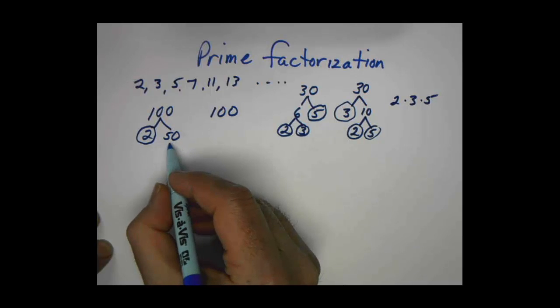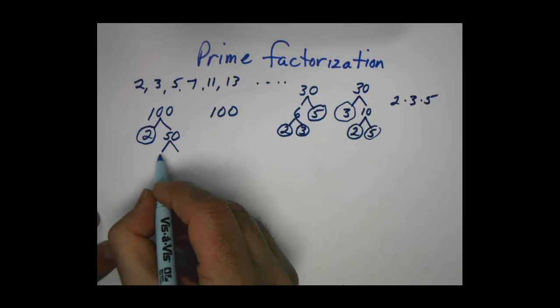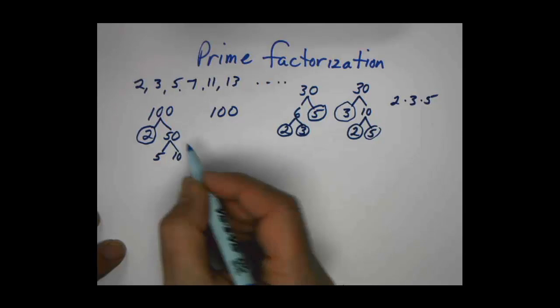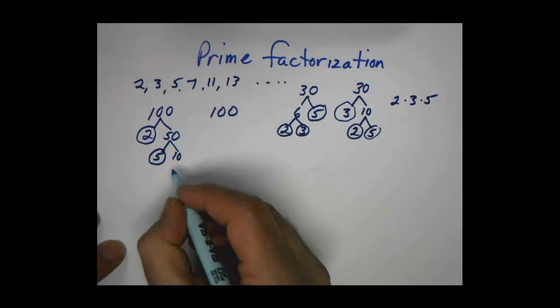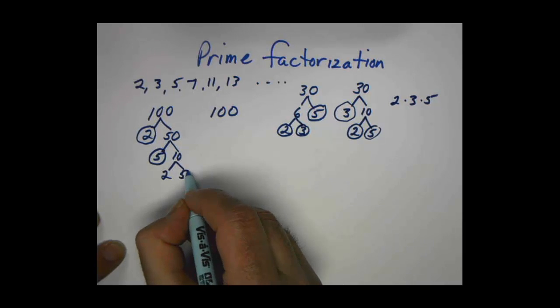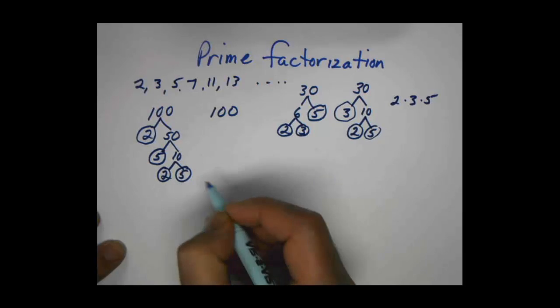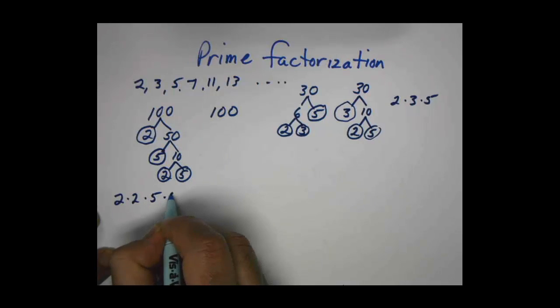This is a composite number, so it's going to get a branch. So what times what is 50? We can pick a couple ways, but let's go 5 times 10. 5 is on our list, it gets part of the answer. 10 is not, so it gets another branch. 2 times 5. Okay, so our answer is going to be 2 times 2 times 5 times 5.